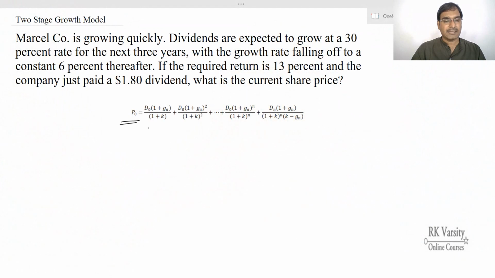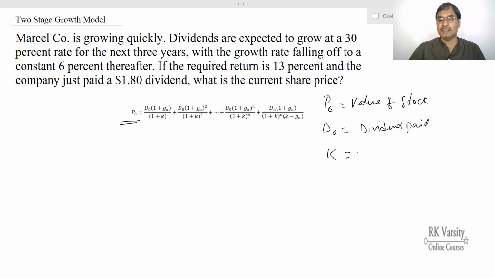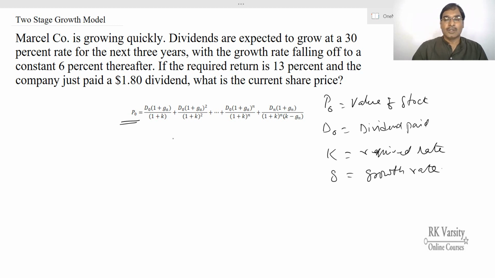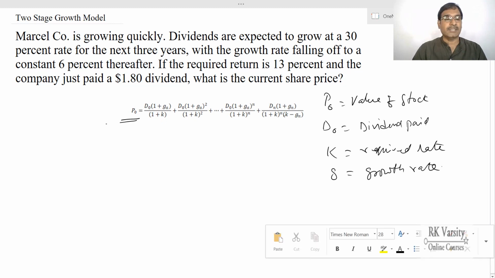To calculate intrinsic value of a stock under the two-stage growth model, we use this equation where P0 is value of a stock, D0 is dividend paid, K is required rate, and g is growth rate. In this example, the dividends are expected to grow at a 30% rate for the next 3 years.